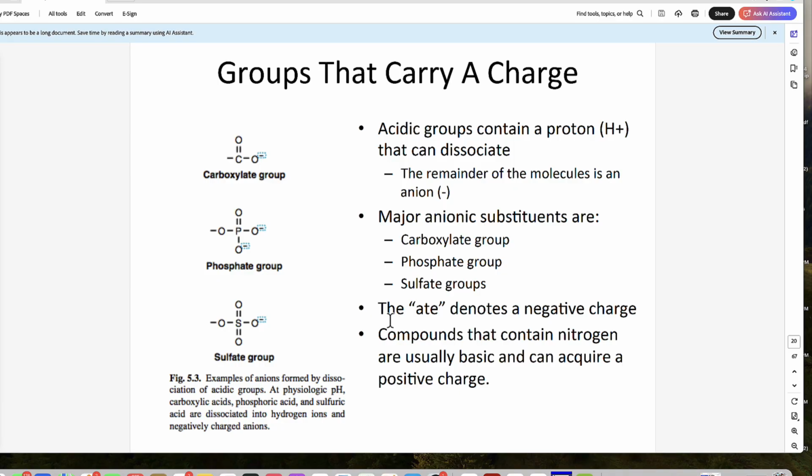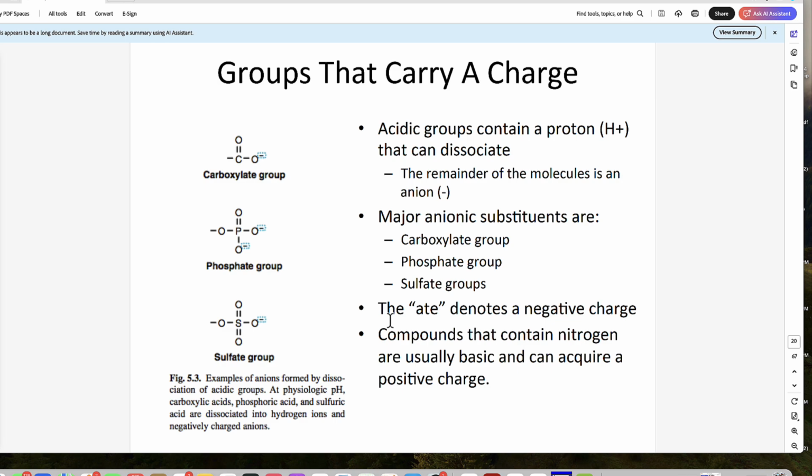Phosphate groups are attached to the metabolites and are often abbreviated with a P, with a circle around it, or just the P, as we see with glucose 6-phosphate. So some examples of major ionic substituents are carboxylate group, a phosphate group, a sulfate group.